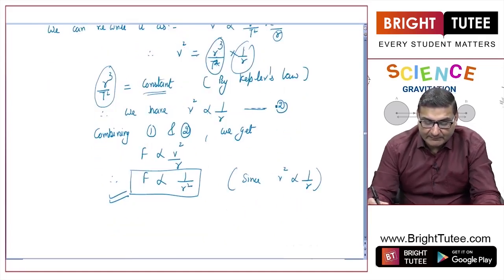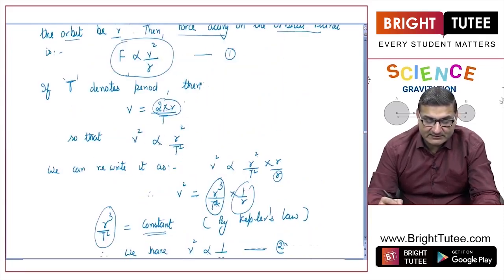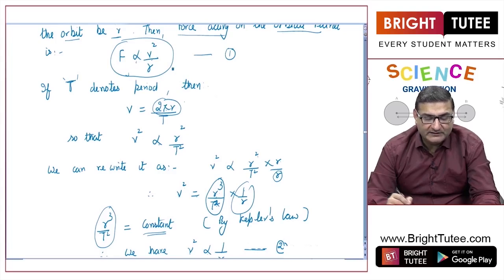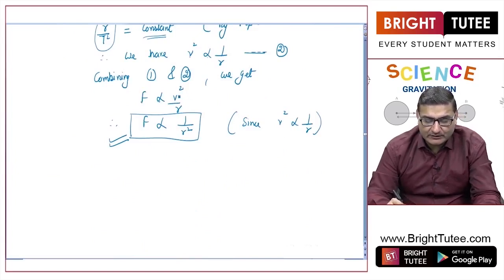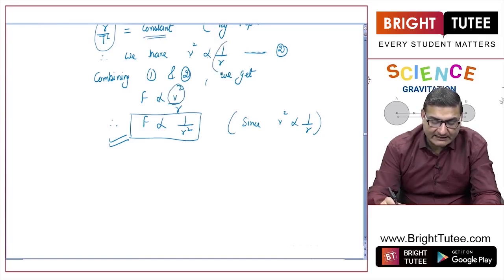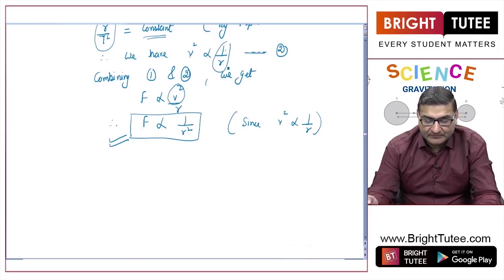Now, if I combine the first equation and the second equation: the first equation was F is directly proportional to v square upon r. Now, this v square, from the second equation, is directly proportional to 1 by r. So rather than writing v square, I can write 1 by r divided by r.